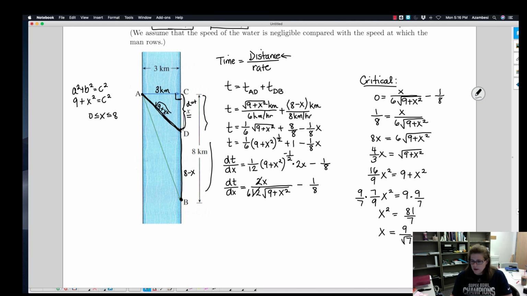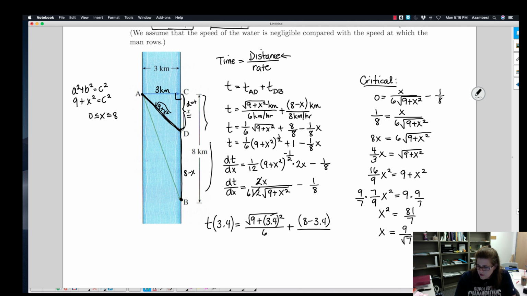So t of, I'm going to use the decimal form, 3.4, is equal to 9 plus 3.4 squared, all under the square root, over 6, plus 8 minus 3.4, all over 8, and dividing that out gives me 1.33 hours to arrive.